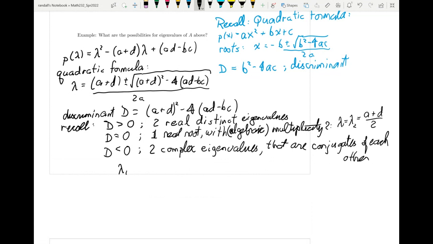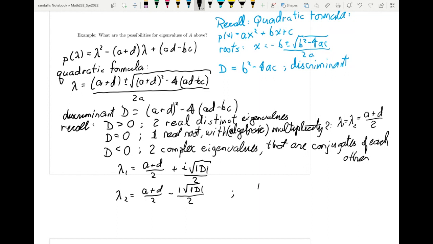So lambda 1 equals (a plus d) over 2 plus i times the square root of the absolute value of D, all over 2. And lambda 2 will be (a plus d) over 2 minus i root absolute value of the discriminant, over 2.